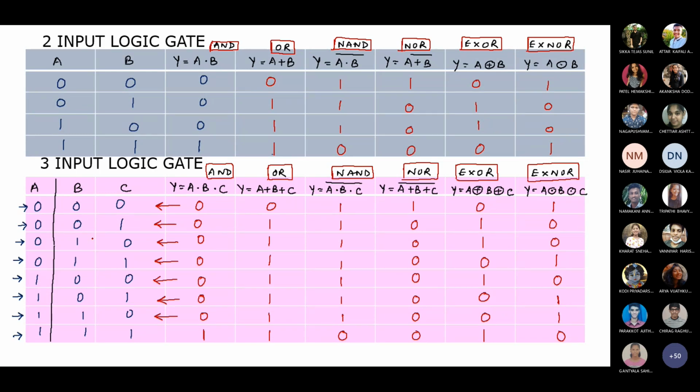So now you see the combinations. 0 0 0 में none of the input is high, so output is 0. 0 0 1 में C input is high, so output is high. 0 1 0 में B input is high, so output is high. 0 1 1 में B and C both are high, so obviously output will be high. 1 0 0 में A is high, so output will be high. 1 0 1 में A and C is high, so output is high. 1 1 0 में A and B is high, so output is high. And 1 1 1 में all 3 are high, so output is high.